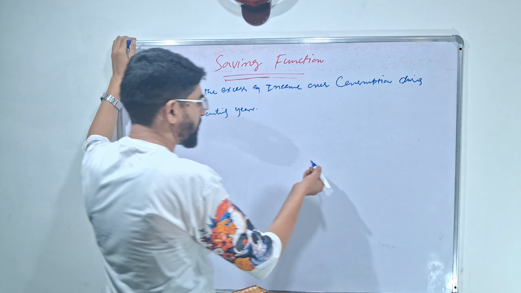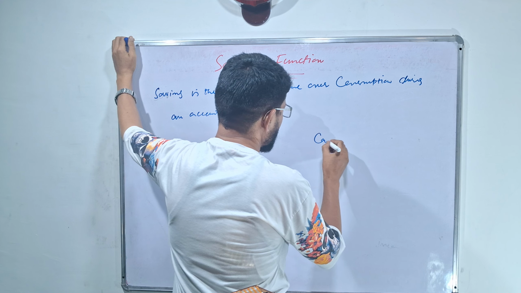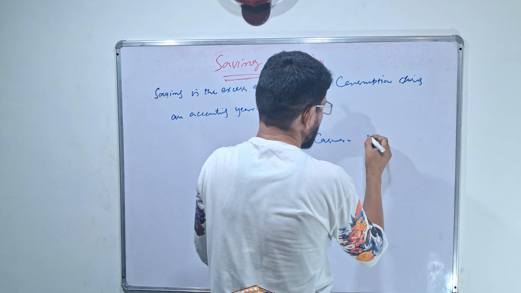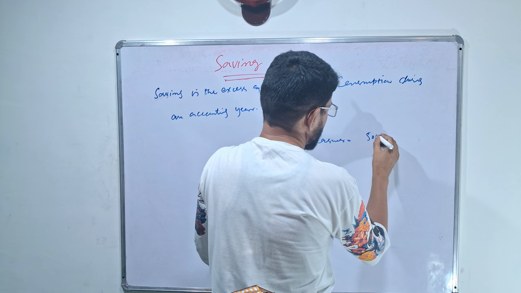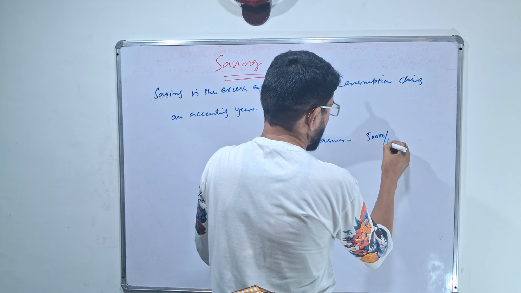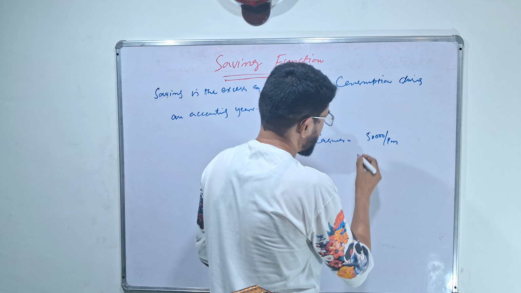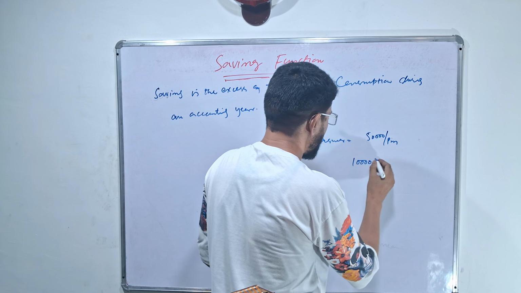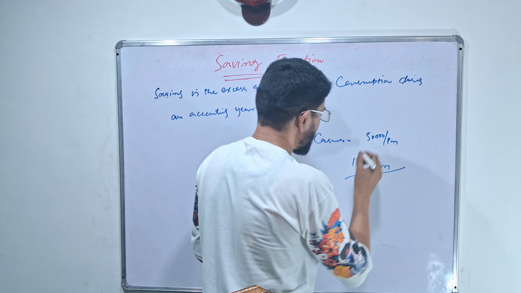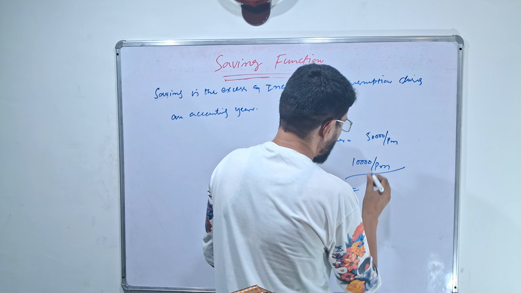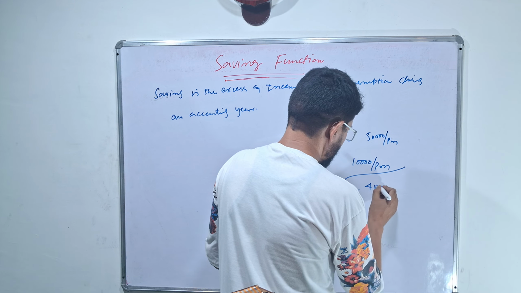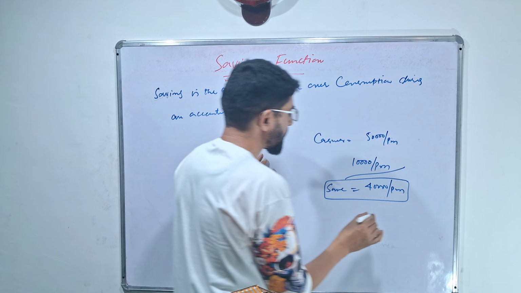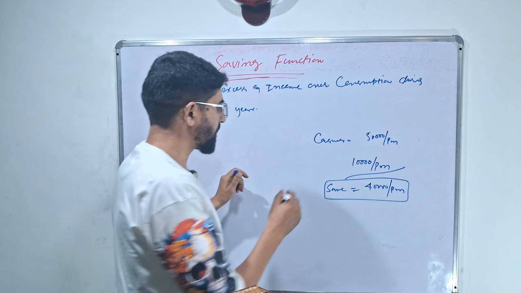This we call saving. Simply, for any consumer or individual, for example, when his monthly budget is 50,000 per month, definitely if he spends 10,000 per month, the remaining 40,000 he will save per month.